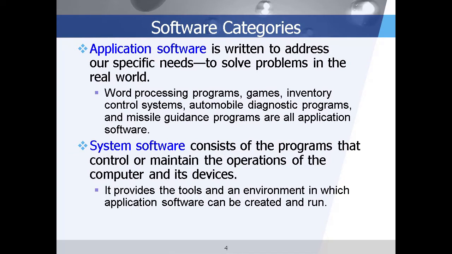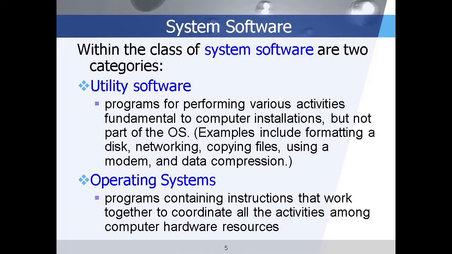It provides the tools and environment in which the application software can be created and run. The utility software are those programs that can help you to organize your system or to manage your resources, but those are not part of the operating system.